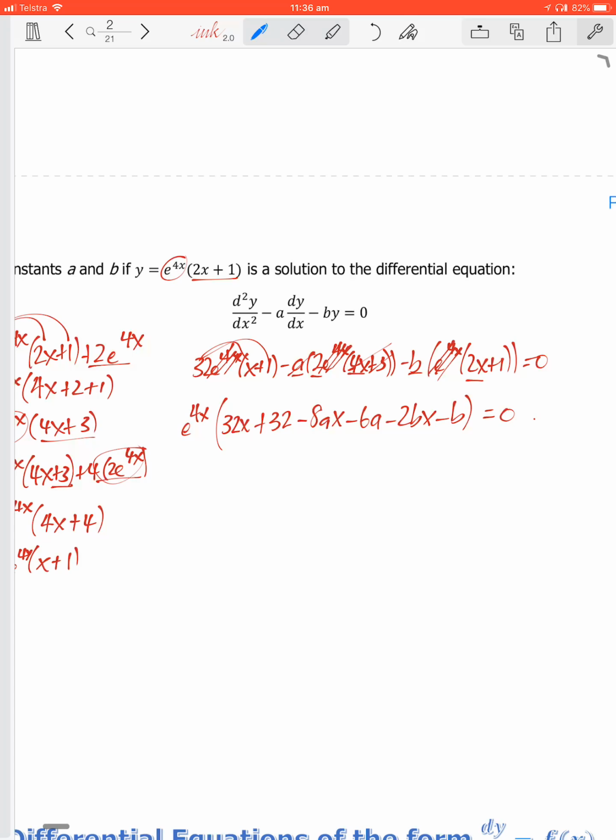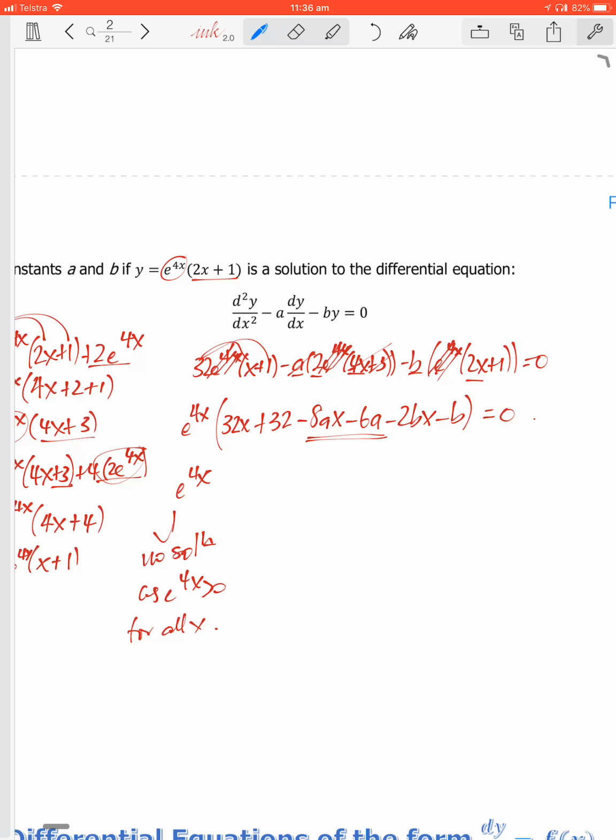Okay, so what can we say here? We've got e to the 4x, so we know that's going to have no solution, as e to the 4x is greater than 0 for all x. Let's group together our a terms.